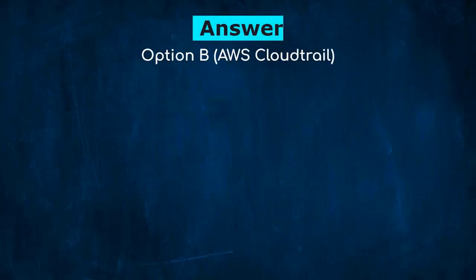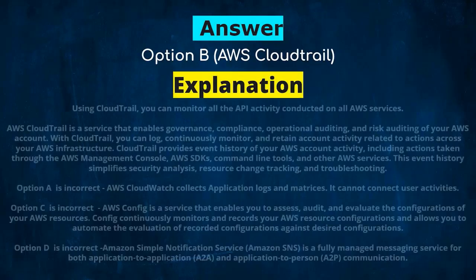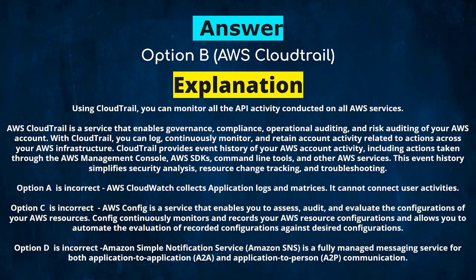AWS CloudTrail. Explanation. Using CloudTrail, you can monitor all the API activity conducted on all AWS services. AWS CloudTrail is a service that enables governance, compliance, operational auditing, and risk auditing of your AWS account. With CloudTrail, you can log, continuously monitor, and retain account activity related to actions across your AWS infrastructure.